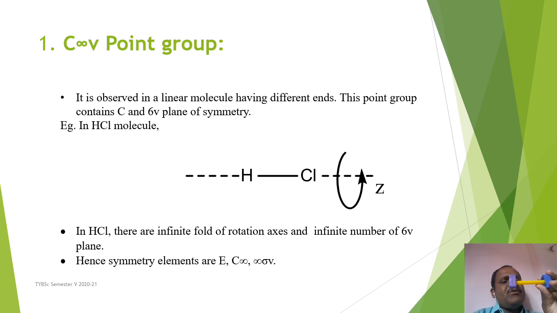If you keep this molecule as it is, if you do not perform any kind of operation, or even when you rotate that molecule 360 degrees, you get the same molecule, then it is called identity. And if you rotate the molecule by any number of rotations, you get the same configuration, then it is called C infinity as a rotational axis, and there will be an infinite number of vertical planes, which are called sigma v planes.